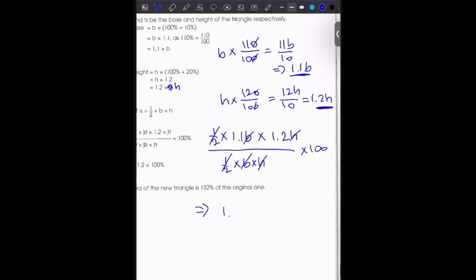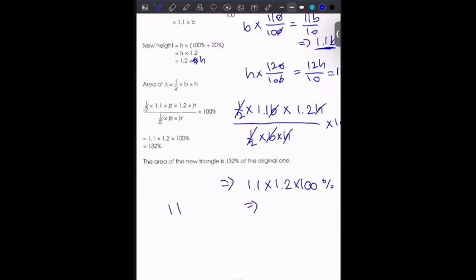So we basically have 1.1 times 1.2 times 100%. And 1.1 times 1.2 is going to be 1.32. And so that is going to become 132%.